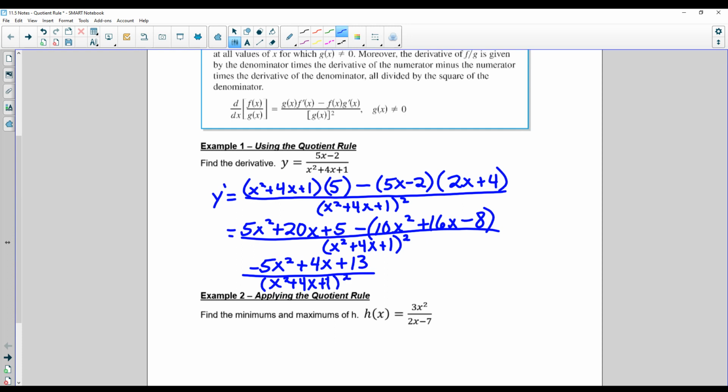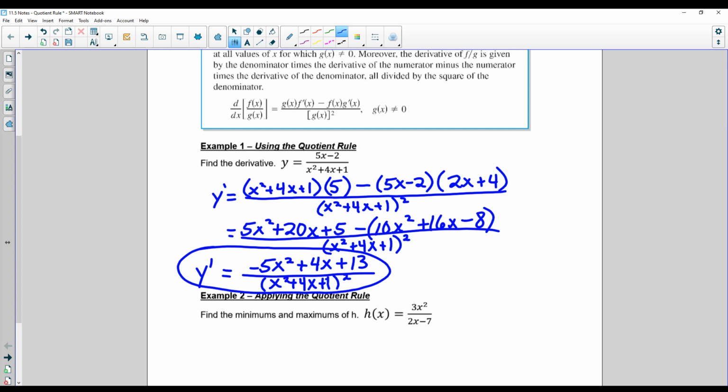All right, so there is my y prime, my derivative of y. And I could use this to find the slope at any given point on this function right here. So the original gives you points that are on the line. The derivative gives you the slope at any point on the line, just to review that concept with you.